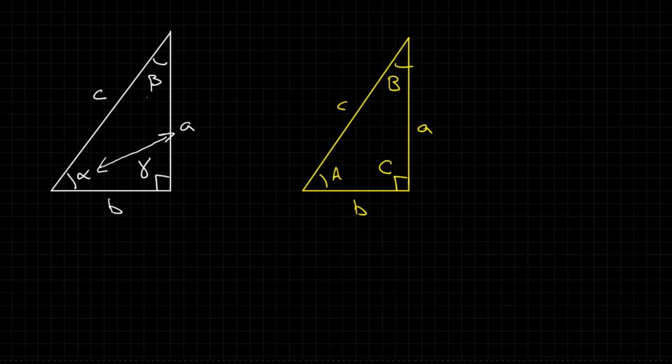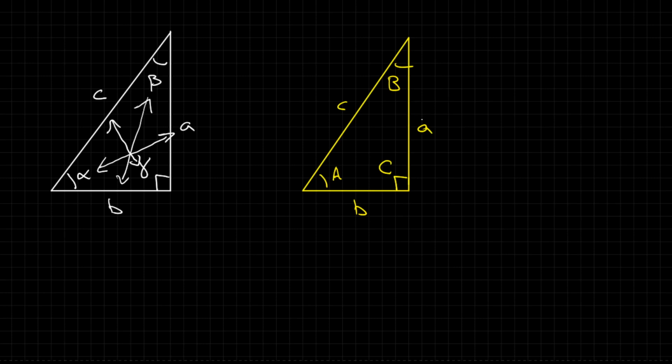The side labeled B is opposite to the angle beta, and the side C is opposite to gamma if it's not a right triangle. If it's a right triangle, it's just going to be this right angle symbol.